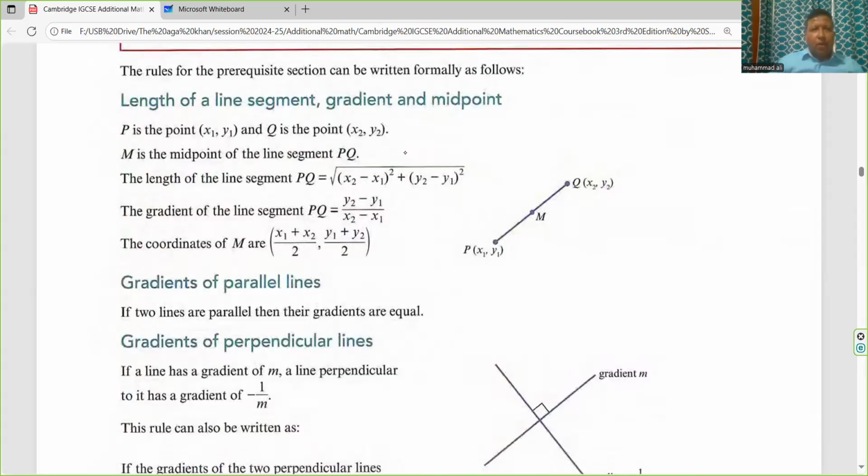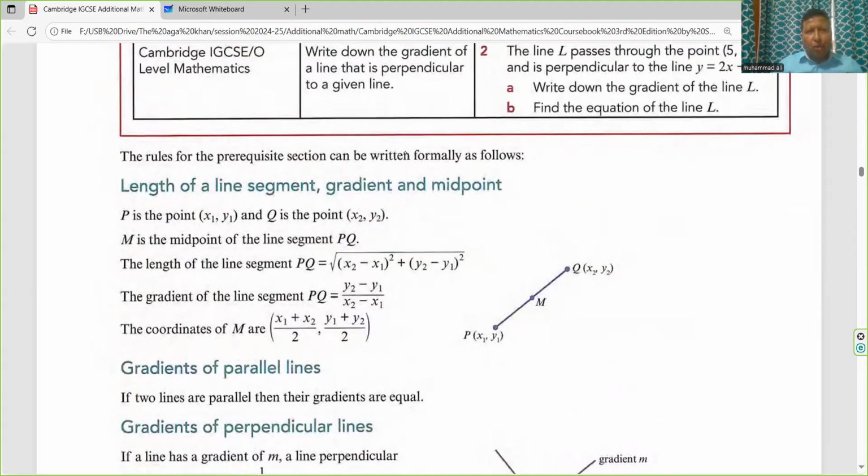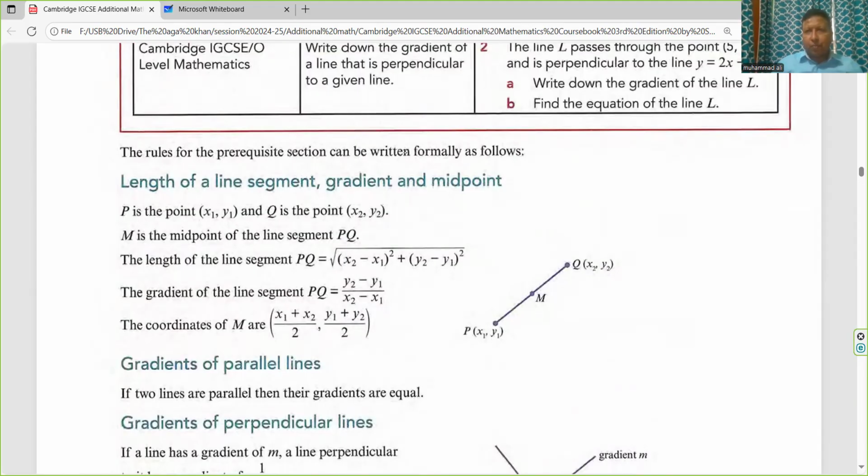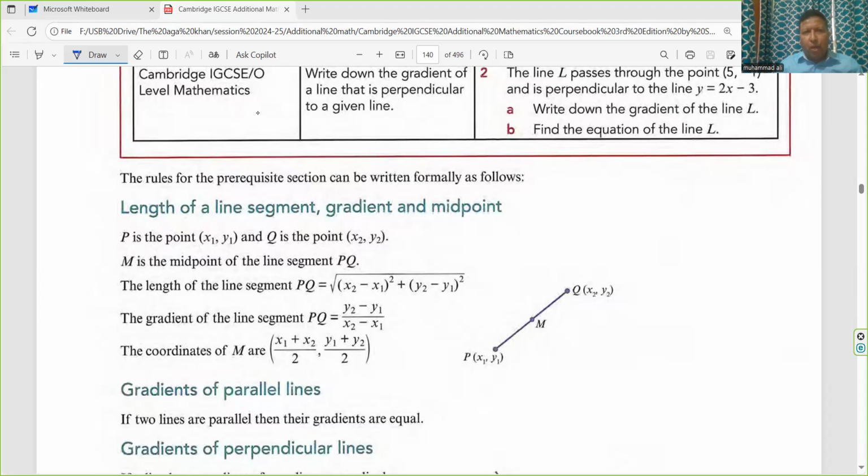So at first, if P1 and P2 are two coordinates, if we want to find out the distance between these 2 points, we have to use this formula. PQ equals root over x2 minus x1 whole square plus y2 minus y1 whole square.